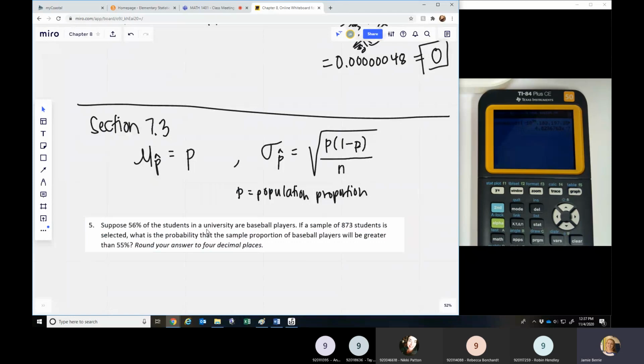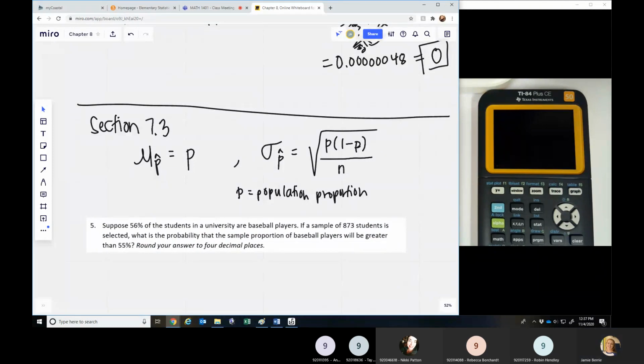Let's read the problem together. It says, suppose 56% of students at a university are baseball players. If a sample of 873 students is selected, what's the probability that the sample proportion of baseball players will be greater than 55%? Round your answer to 4 decimal places.